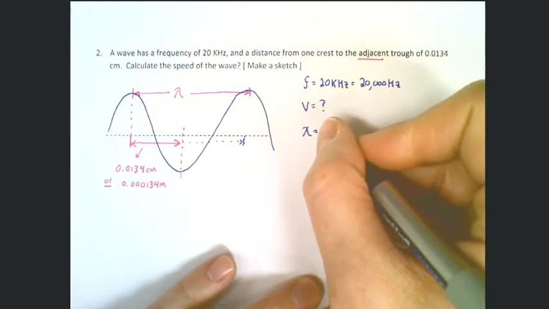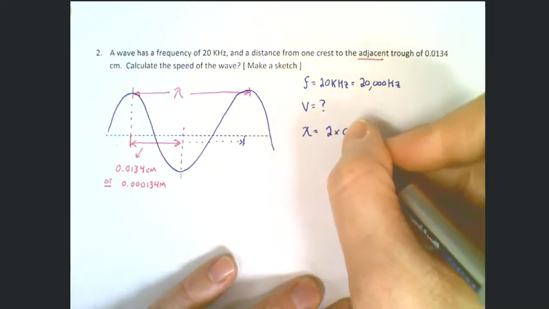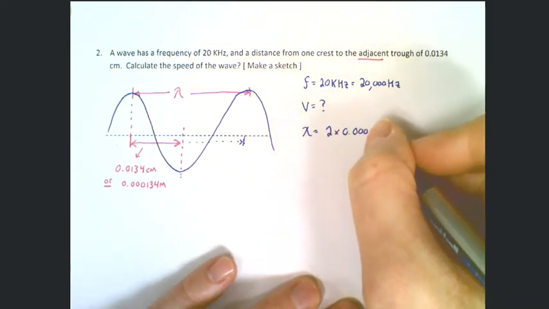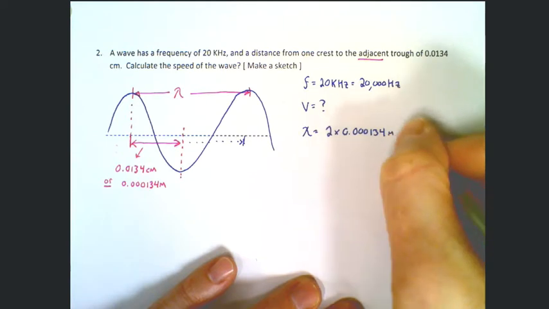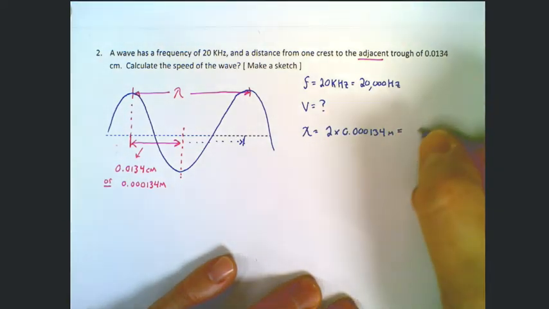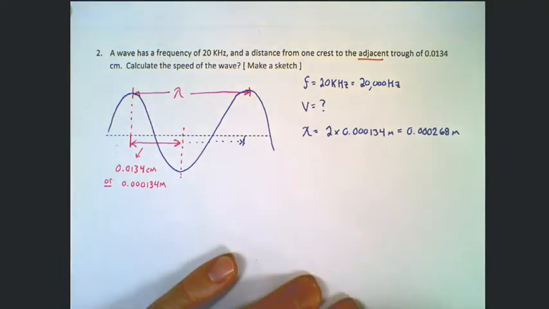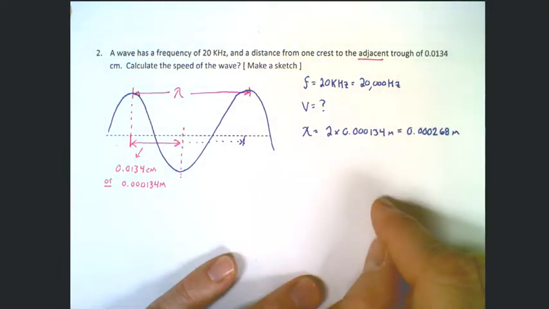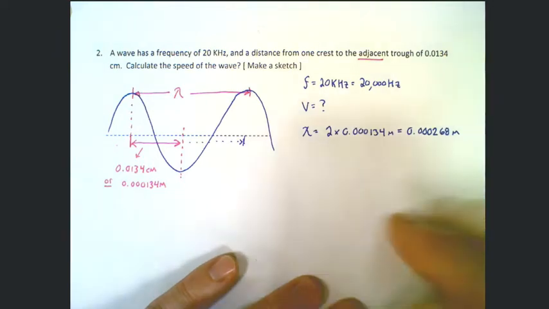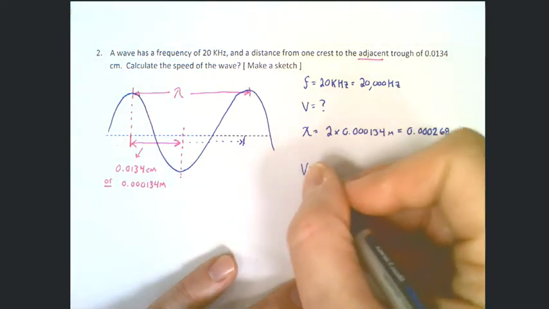So really it's 2 times 0.000134 meters, which is 0.000268 meters. We probably could use scientific notation here to make this easier than putting all these zeros, but at this point we'll just continue.